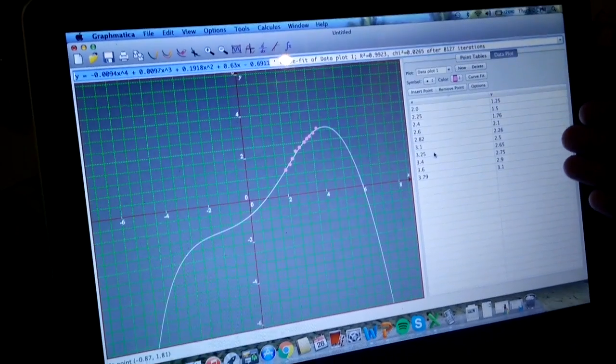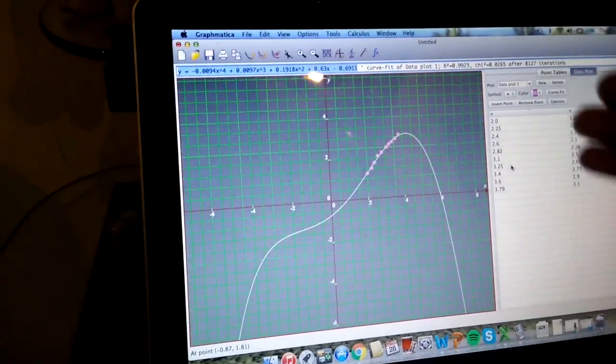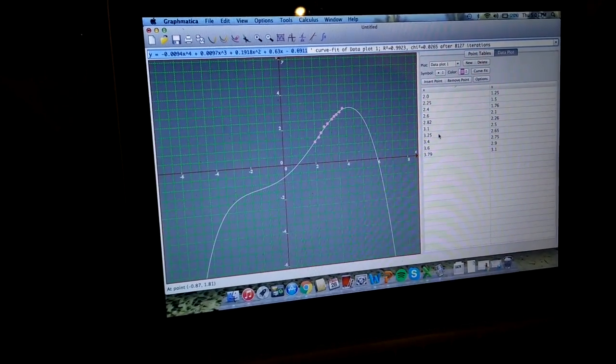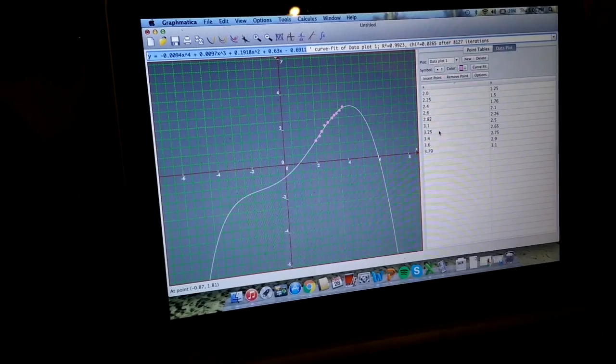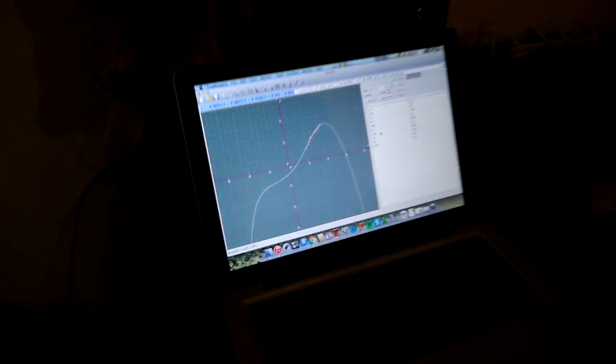We used our points, then selected curve fit, and we got our curve. The curve fit is like the meaning of getting the area under the curve, as we can see labeled on our graph here in Graphmatica.